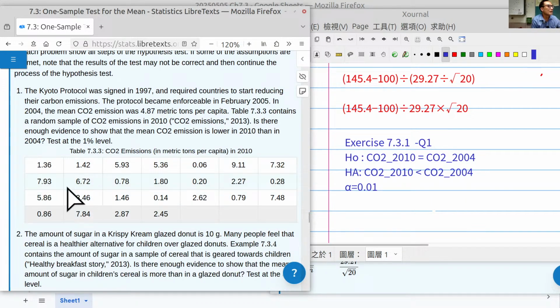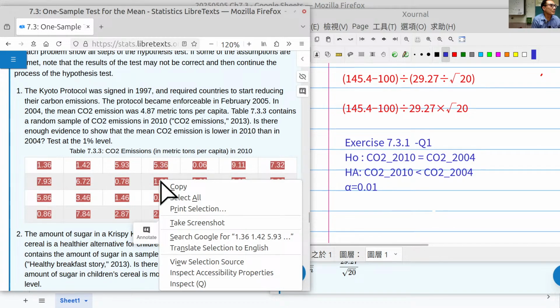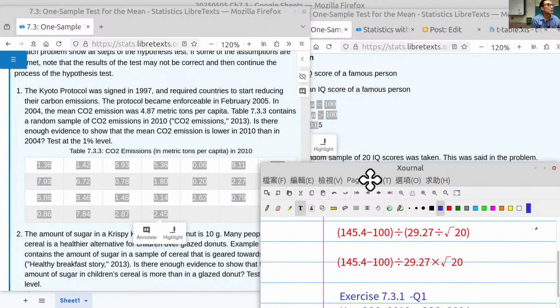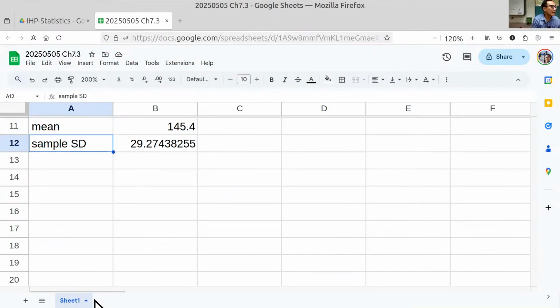The same way: select and copy and move to our spreadsheet. I would like to have a new spreadsheet.